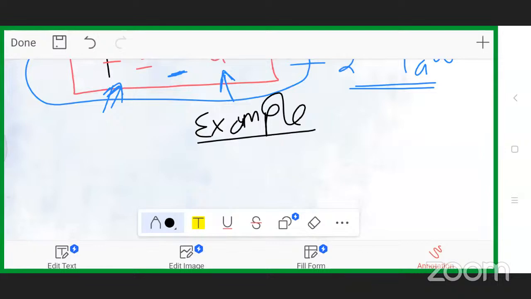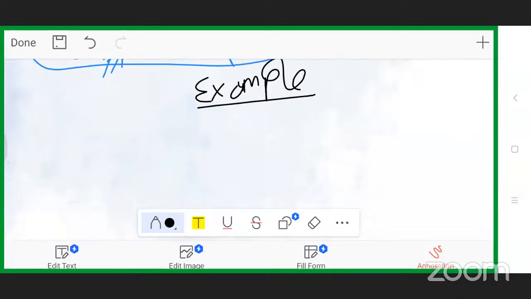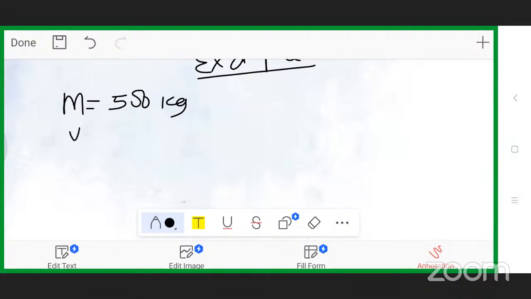So example, a body. You can just write: a body of mass 500 kg is traveling at a speed of 30 meters per second.